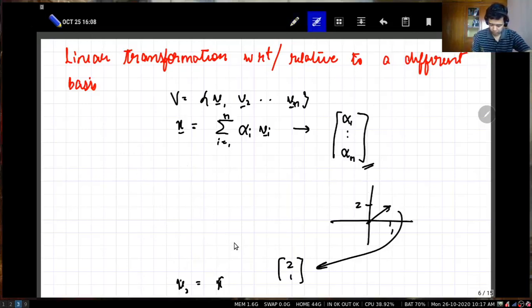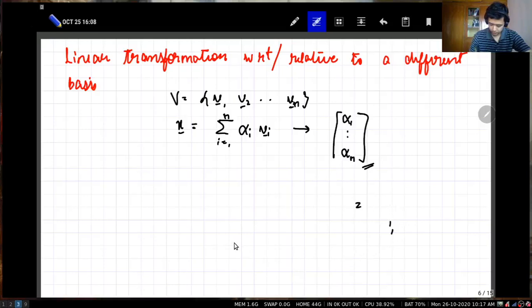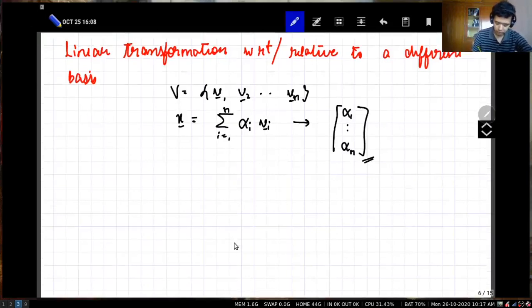Okay, so now let's go back to linear transformations. Our goal is to study the effect of the linear transformation in terms of some other basis, right? So effectively, if we are taking x, so let's suppose that T of x gives you some vector y.